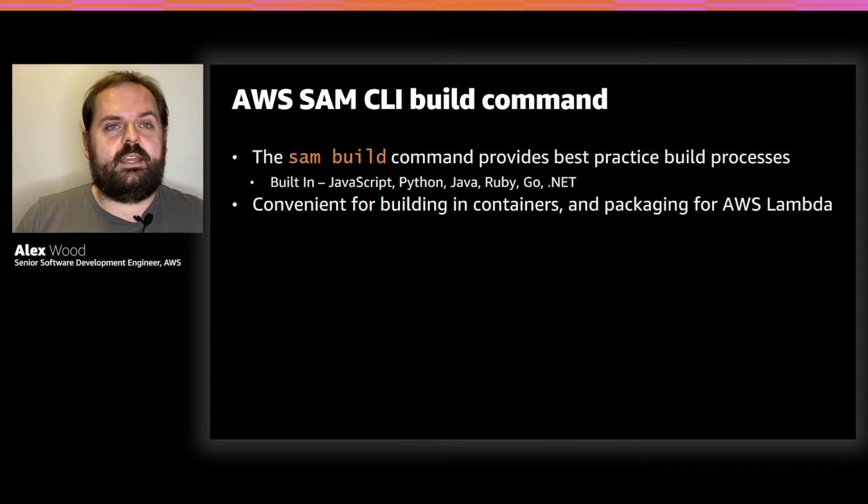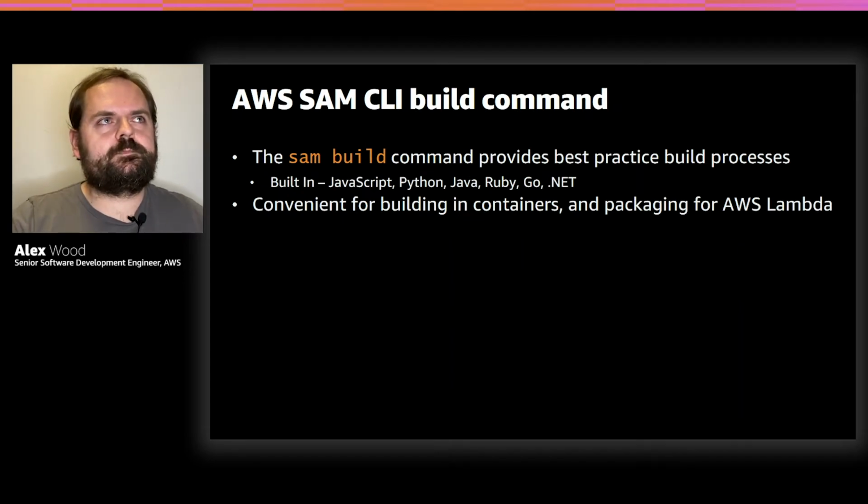And this is really handy because if you are not using an Amazon Linux development machine, you may see some differences in behavior when you compile certain native dependency SOs. And so building inside a container will allow you to have compatible binaries with the AWS Lambda execution environment and provides a very convenient way to do those builds.